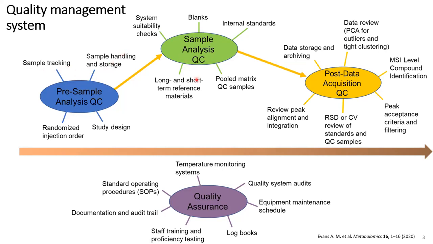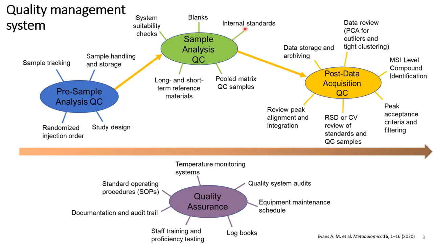And then during analysis, there are also quality control checks. Normally, before we use our systems, we do system stability checks. In studies, we typically have blanks, and that's also in the study you're going to work with the next couple of days. There are some blanks.